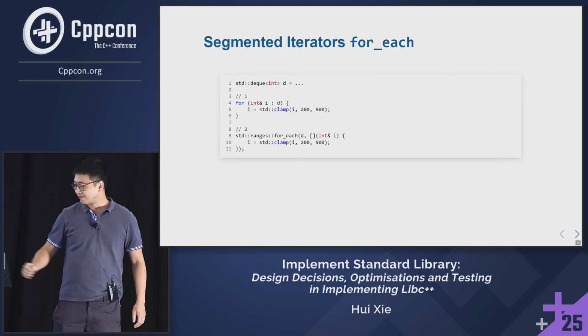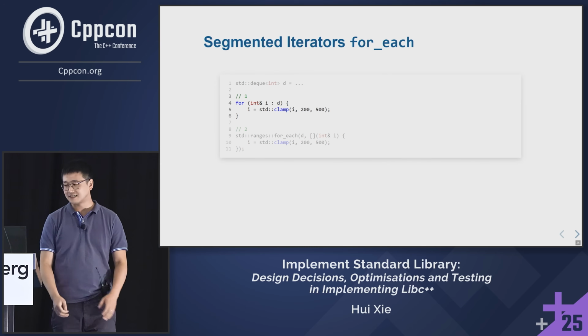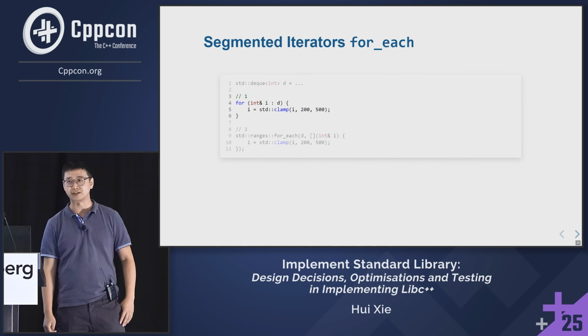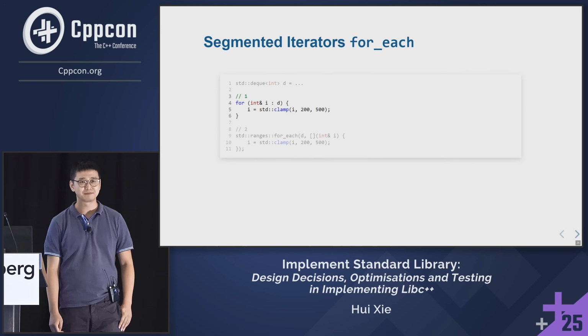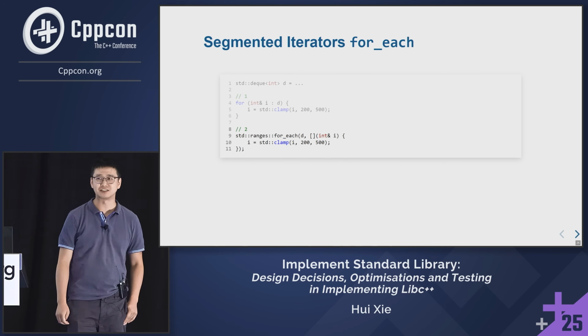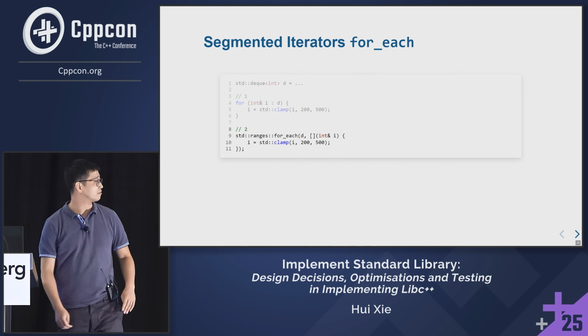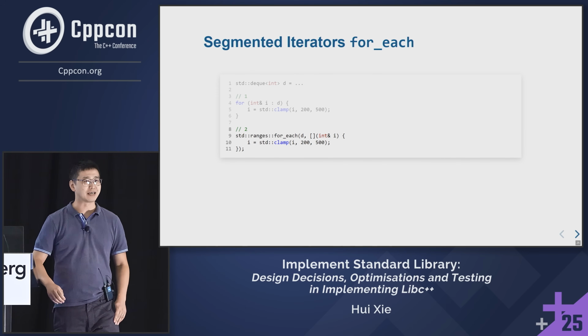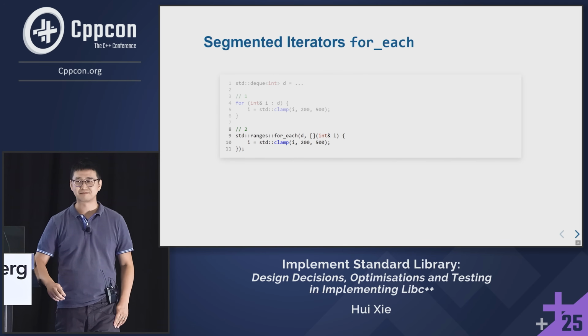The first way of doing this is I write a range for loop and call std::clamp to modify it on the fly. And the second way, I'm using ranges::for_each, with exactly the same thing. Do you think there will be any performance difference?